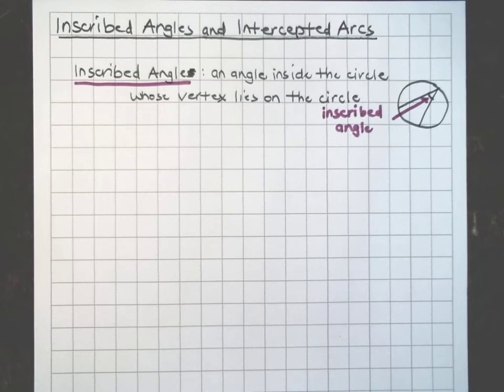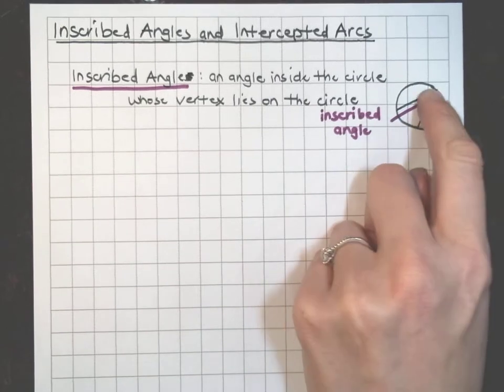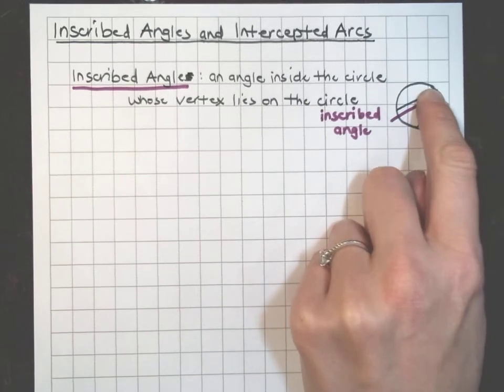So last time we talked about central angles and it was in the center. The angle was in the center of the circle. Now it's on the outside of our circle.